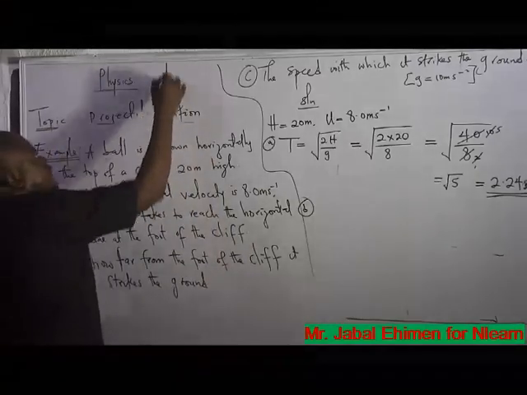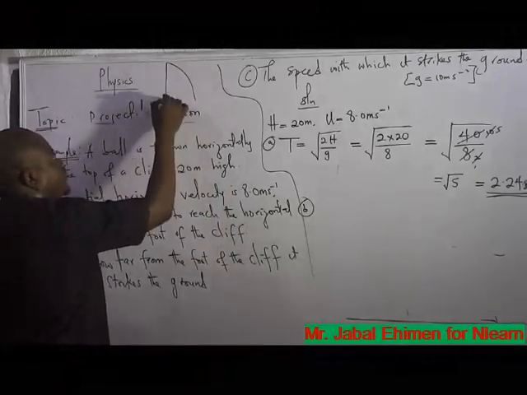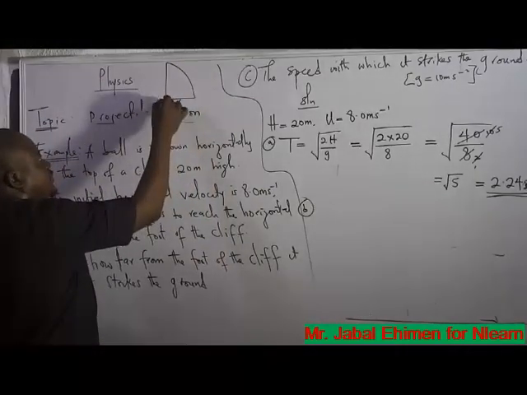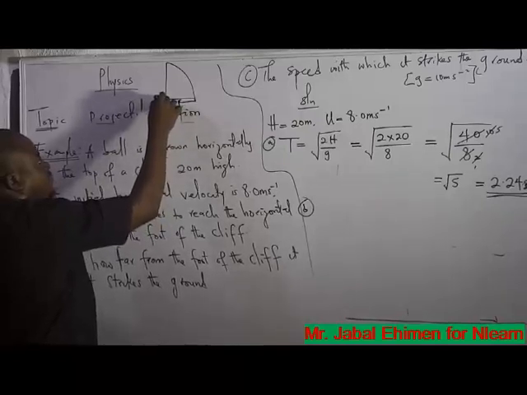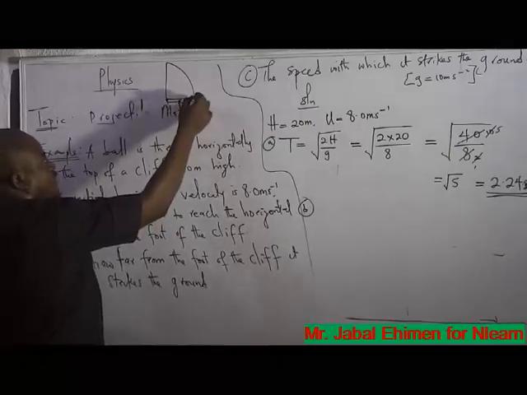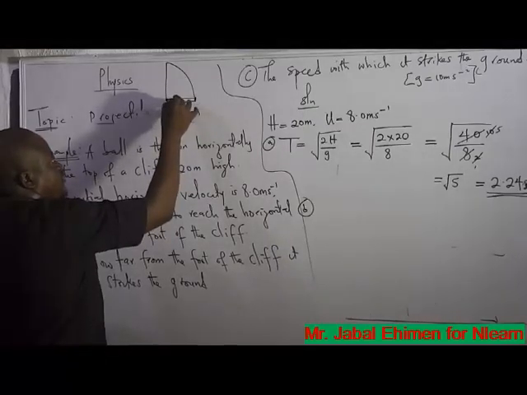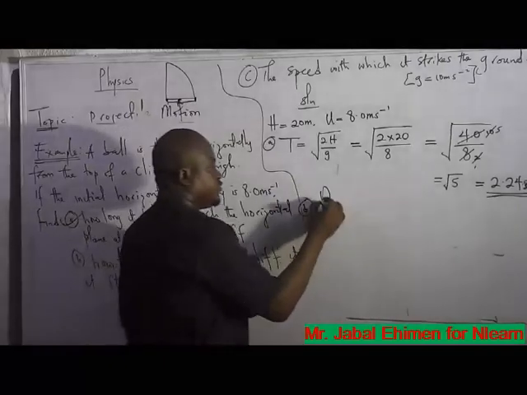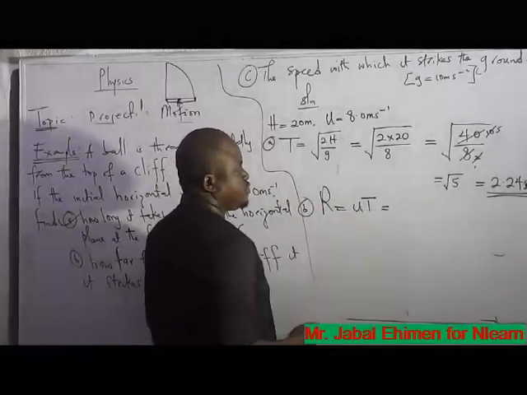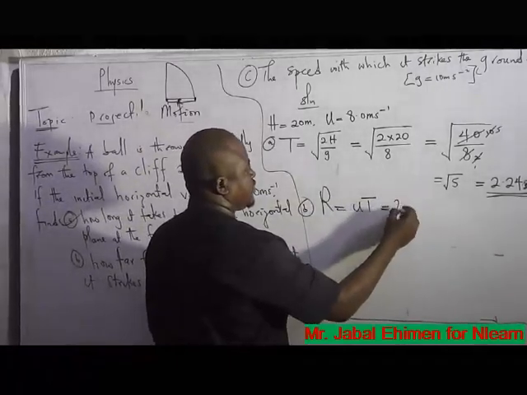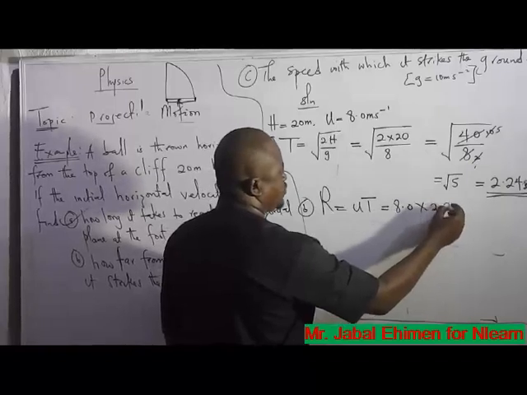The foot of the cliff to where it hits the ground is the range. And what's the value of range? Range is ut. And what's the value of u? u is 8.0, then t is 2.24.